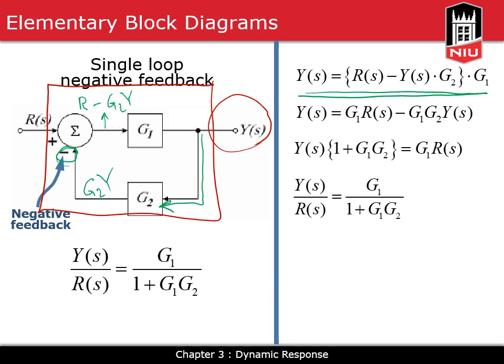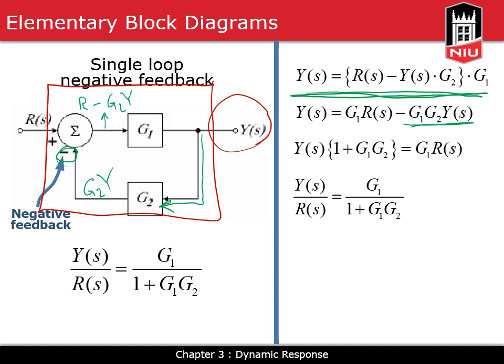This is written right here. G1 times the input to G1. We can expand this, write it as G1 times R minus G1 G2 Y. To find the transfer function Y over R, we need to have all the Y's on one side and the terms that have R on the other side. So the term negative G1 G2 Y shows up on the right side. Let's add G1 G2 Y to both sides of that equation.